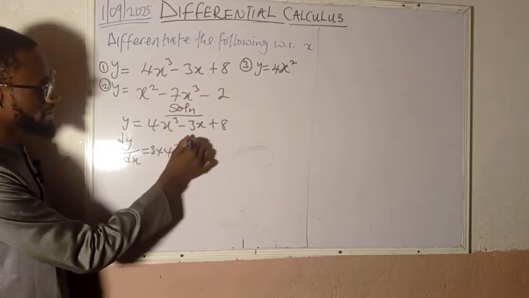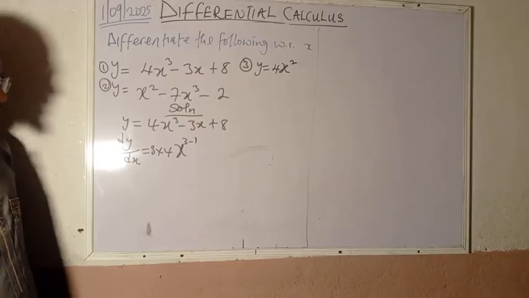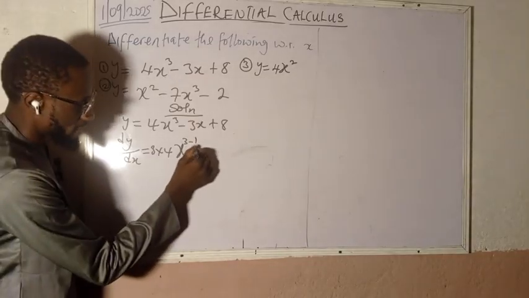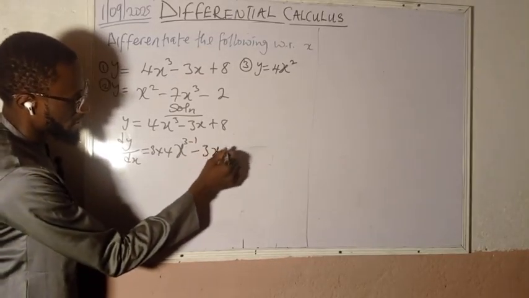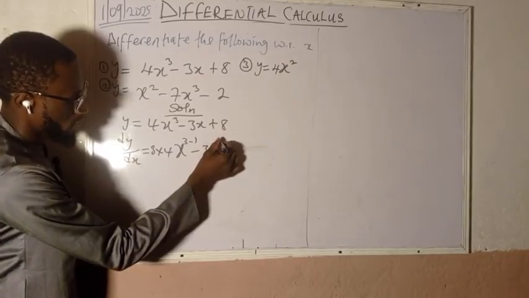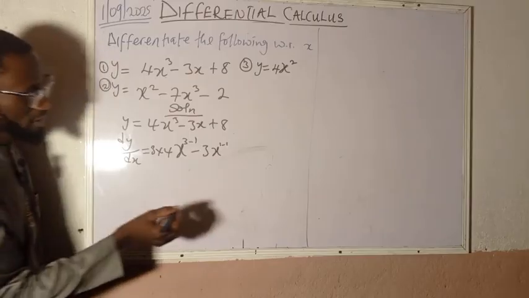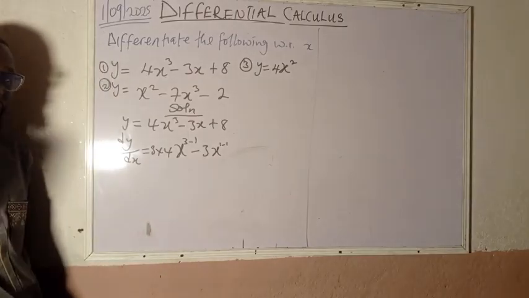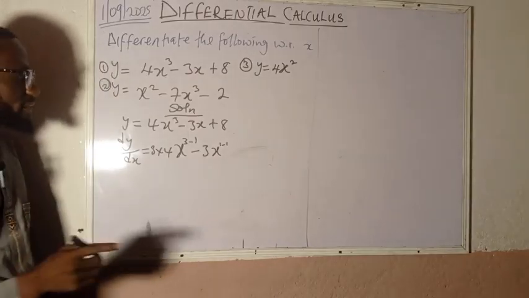minus 1. Then here we have minus 3x raised to the power 1 minus 1, because we assume the power is 1.